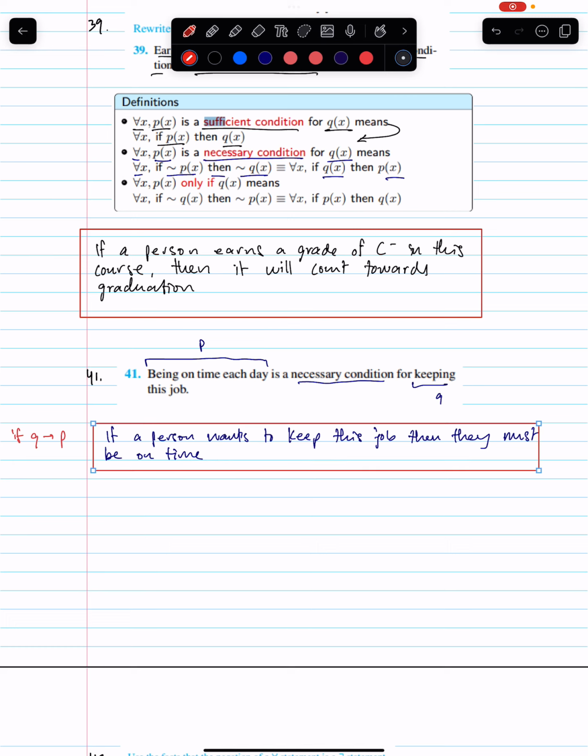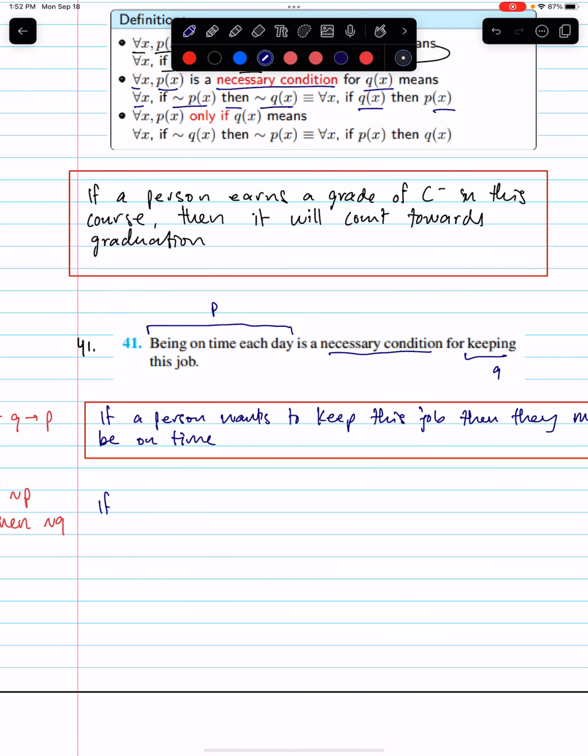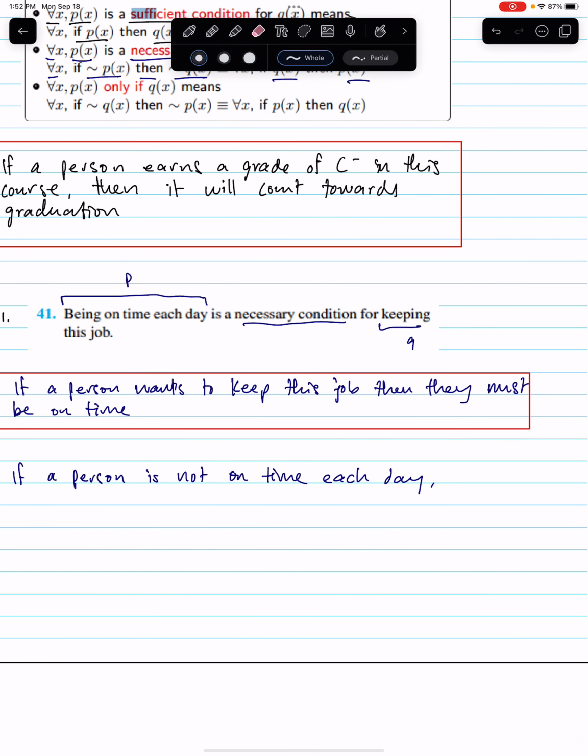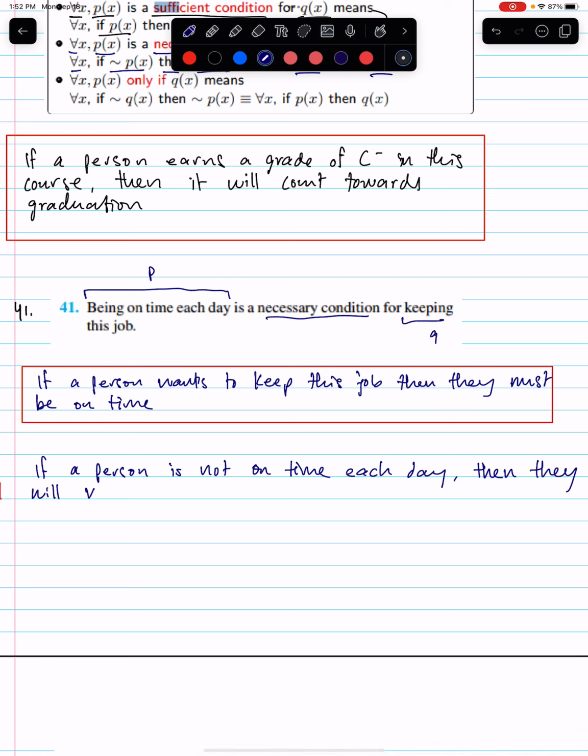And then another way you could say it is if not P, then not Q. So we could say something like, if a person is not on time each day, then they will not keep this job.